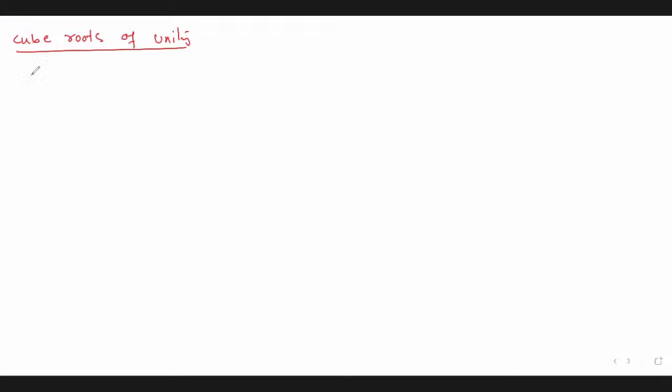What are called cube roots of unity? In your first PU, you got 1, omega, omega square. First of all, just observe: 1, omega, omega square are called cube roots of unity. Sum of cube roots of unity is equal to 0.